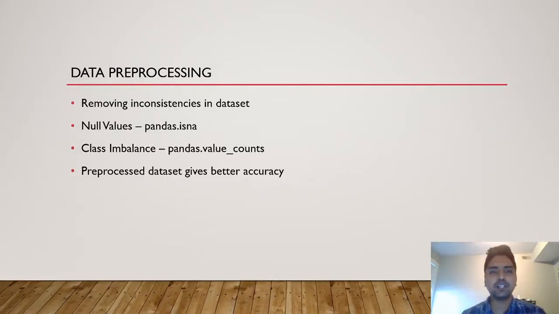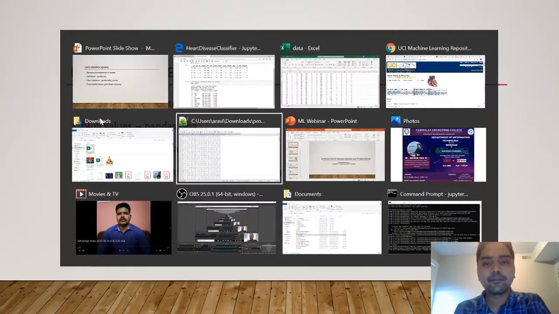A data set from a machine learning repository will already be pre-processed, but we will still have some work to do. As I told you, the most common problems in a data set will be null values and class imbalance. Let me show you from a programming perspective how to deal with null values from the project.